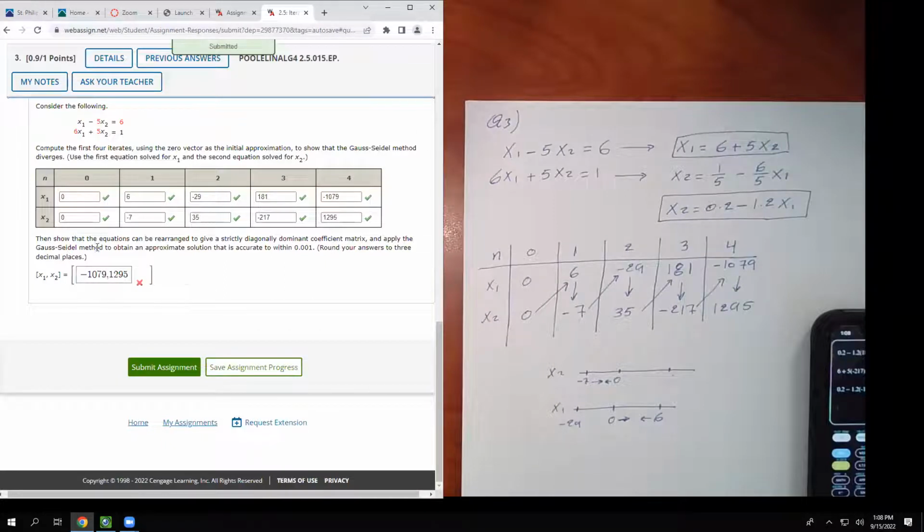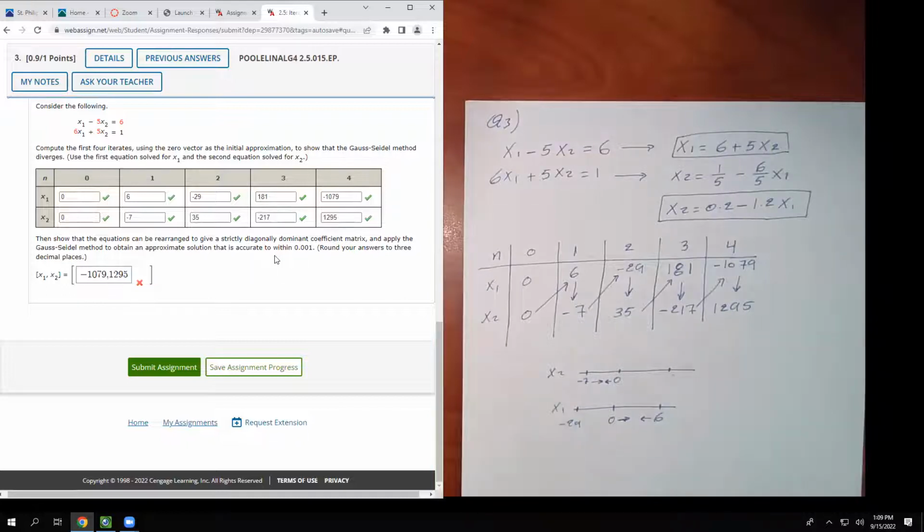When they ask you to apply the iteration to obtain a solution accurate to a tolerance, you have to keep going. You're going to keep going to find the approximate solution for this one. And they didn't give you how many iterations until you find that the difference is going to be 0.001.